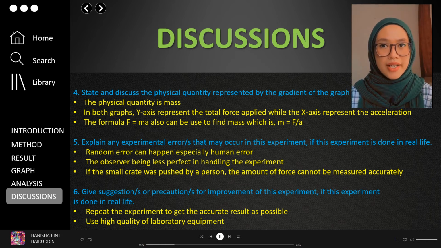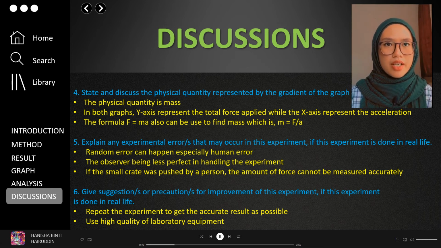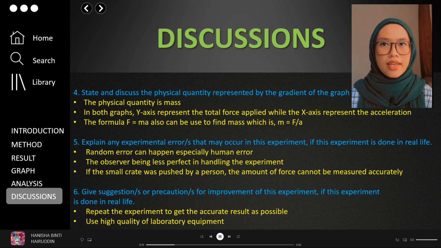Question number 5: explain any experimental errors that may occur in this experiment if it is done in real life. The experimental error that may occur is random error. Random errors can possibly happen from the readability of the instrument, the effect of changes in surroundings between measurements, or from the observer.